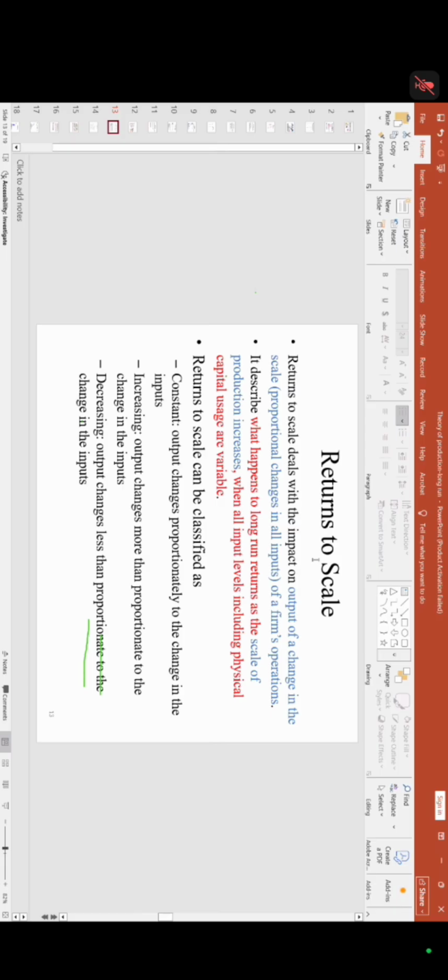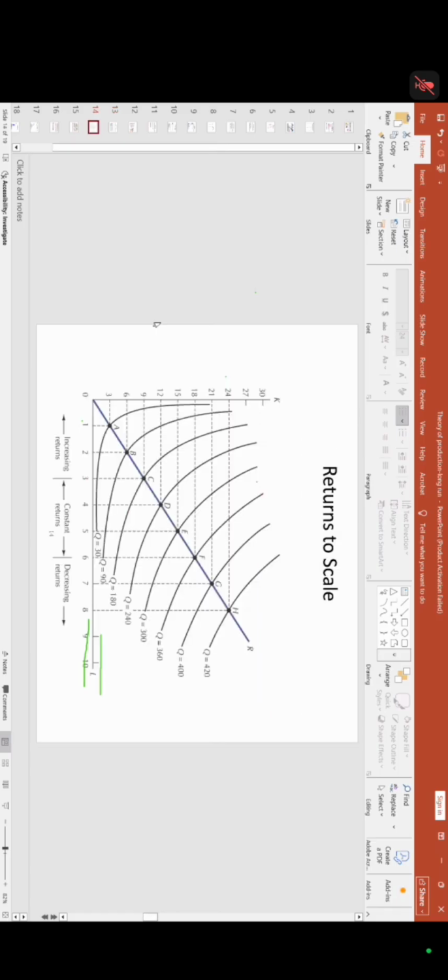Okay, you don't need to explain these kinds of graphs, but it is better if you have an idea. So in this particular region you can have constant return. So usage of different inputs is equally proportionate with your output. So like this.